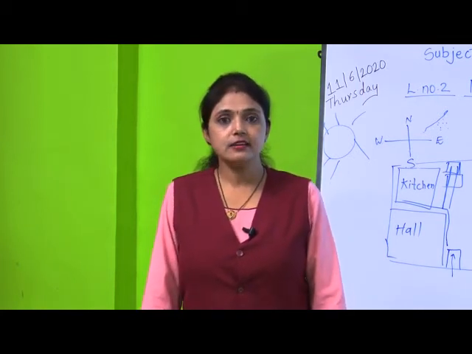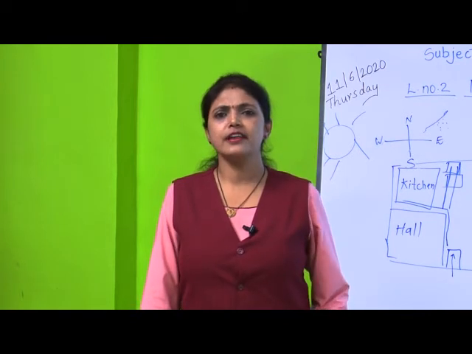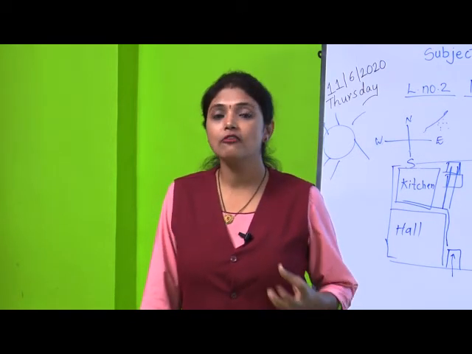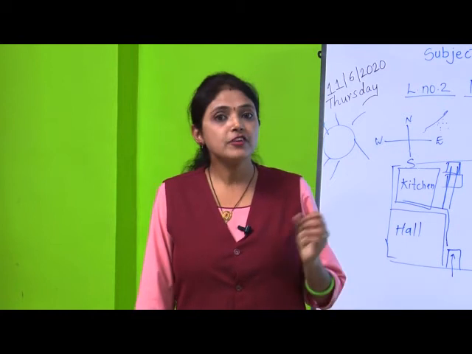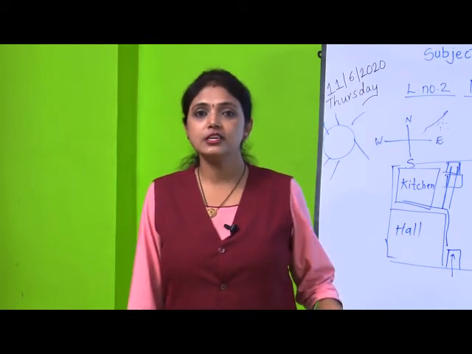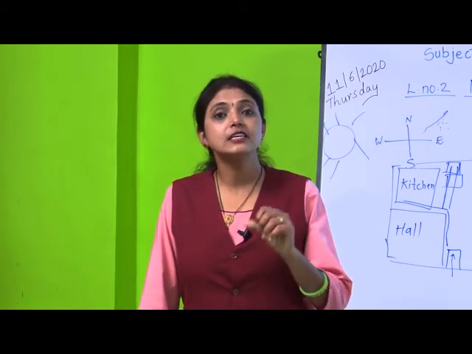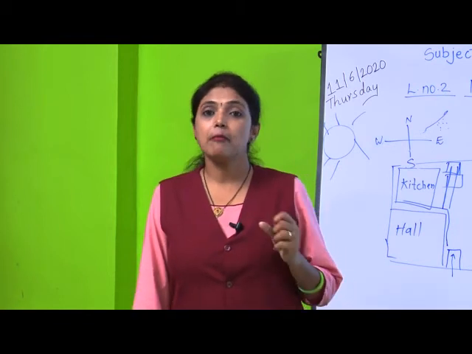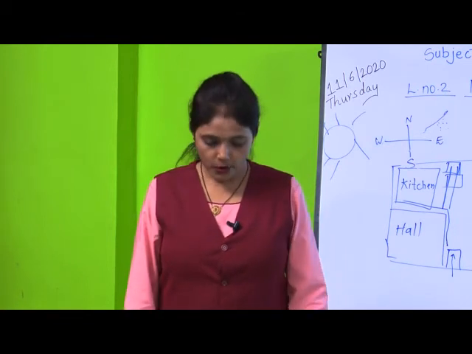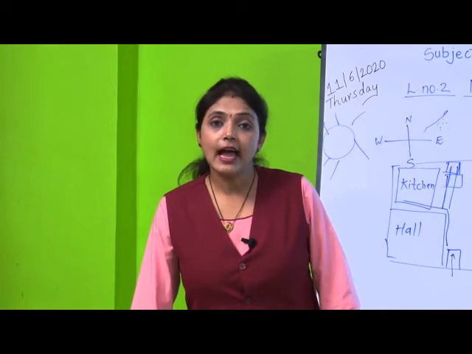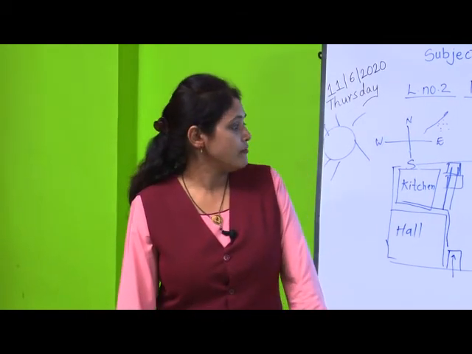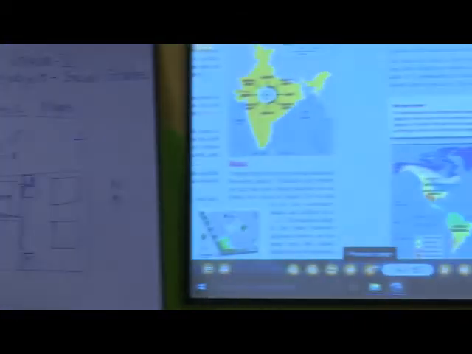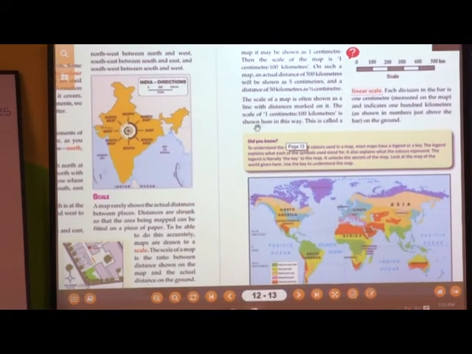Now in that atlas you will see each and every map: colorful maps, physical maps, political maps, maps having symbols, maps having scales. So in that atlas book you have many different types of maps.